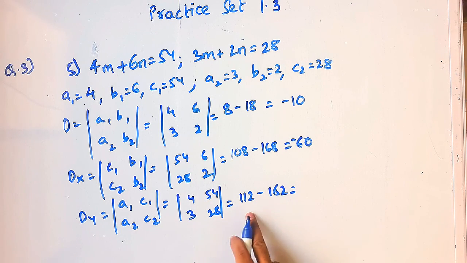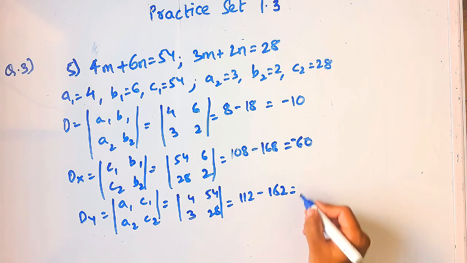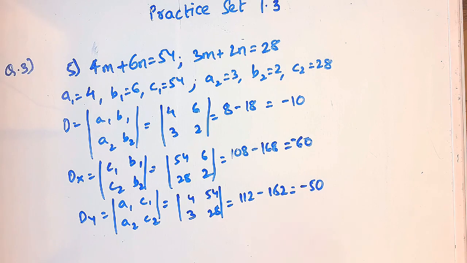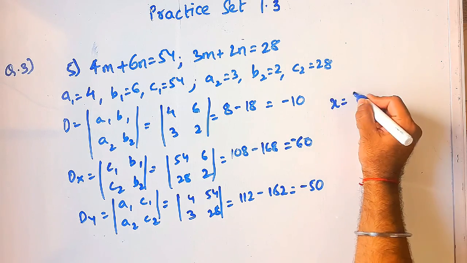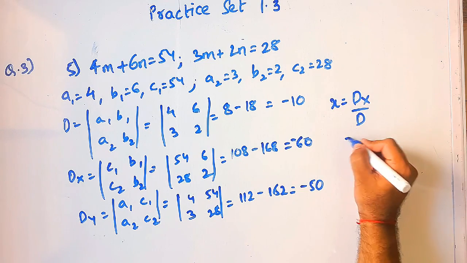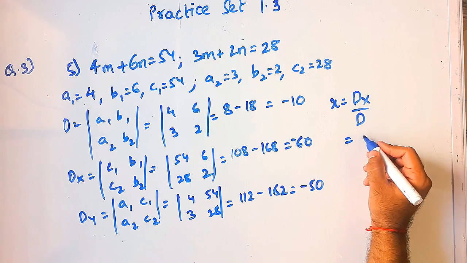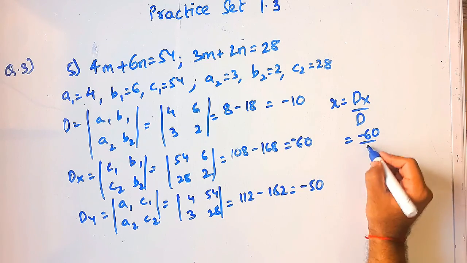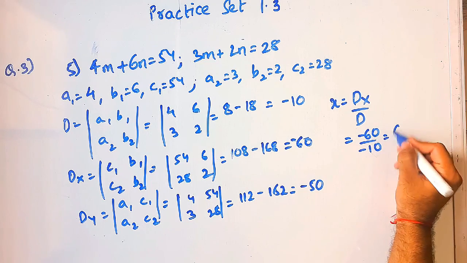So 112 minus 162 is minus 50. Then very simple formula for x is Dx by D, so it is minus 60 by D is minus 10, so that is 6.